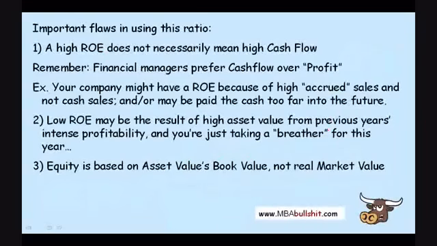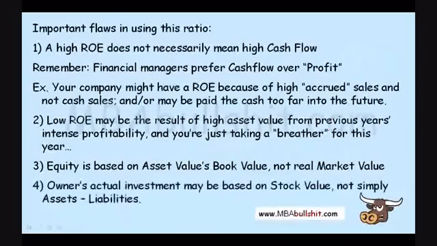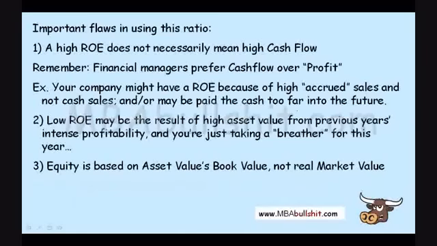And fourthly, very important, is the owner's actual investment. Remember, I said earlier that a high ROE means that the owner is earning a lot of profit compared to his personal investment in the company, which is based on equity.